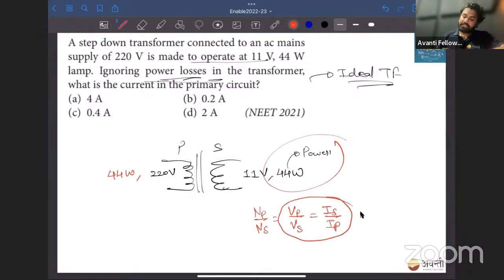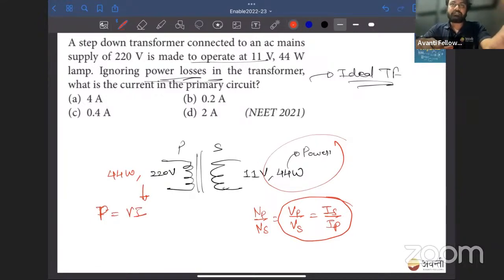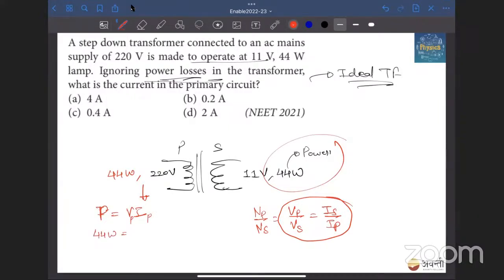So if I want to calculate the current in the first coil, I can say power is equal to VI. Power is equal to VI, right? So this is the primary power, 44 watt, which is equal to voltage primary, that is 220, into current primary.